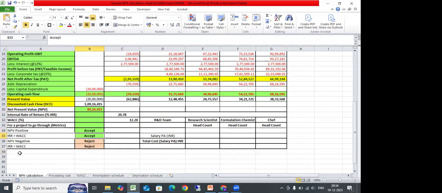IRR greater than WACC, accept. The investor will say, yes, I will invest in your project. NPV is positive, so he will accept. If NPV is negative, he will reject. IRR less than WACC, he will reject. Simple. That is a simple metric.